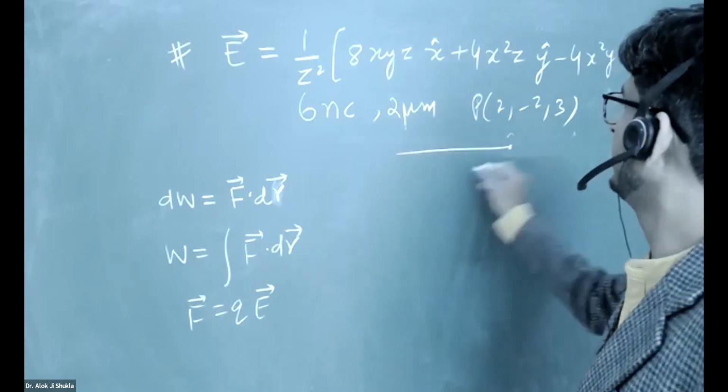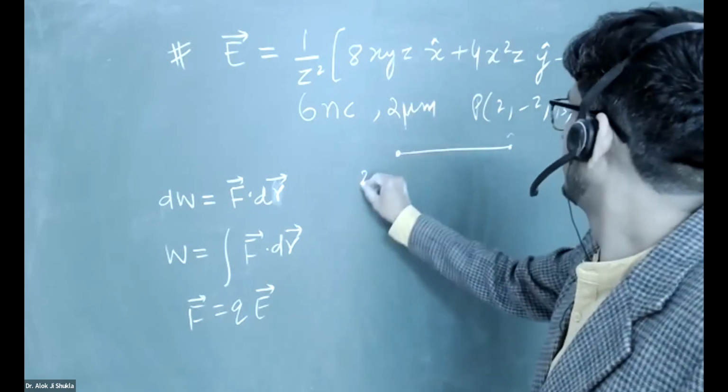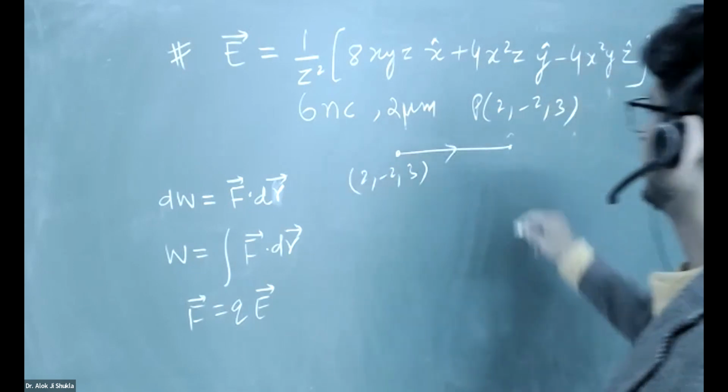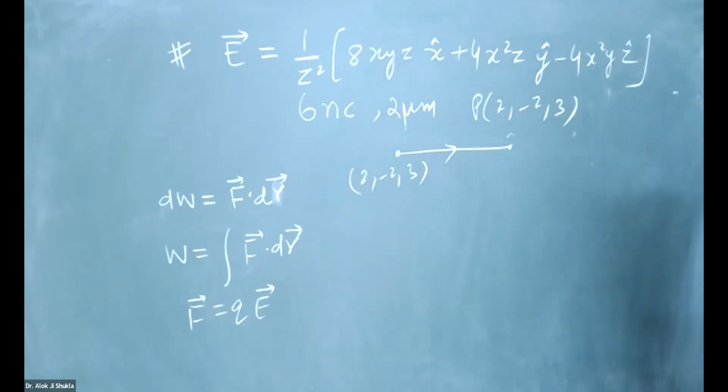This was the initial point: 2, minus 2, 3. You moved in this direction, and what you got after traveling 2 dl distance.